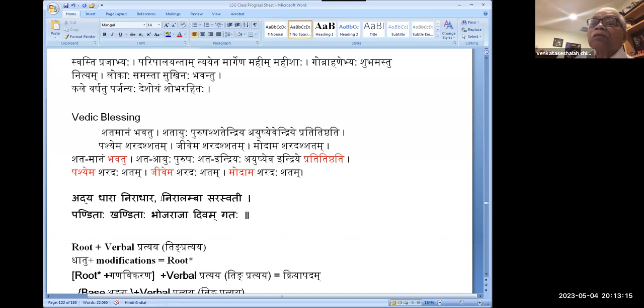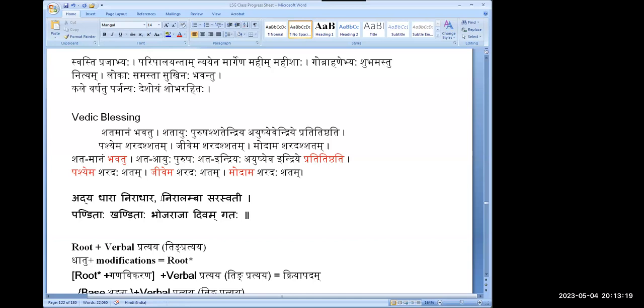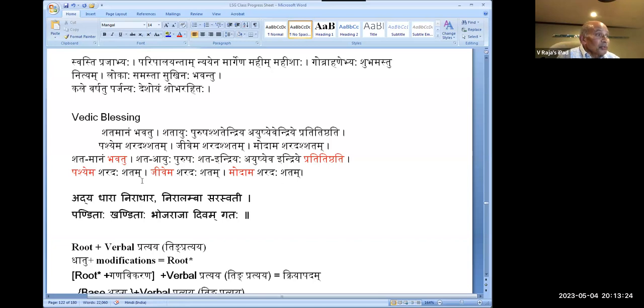And women have that capacity. Niralamba, who? Saraswati. Because, and then Panditaha, Khanditaha. You understand what it means?